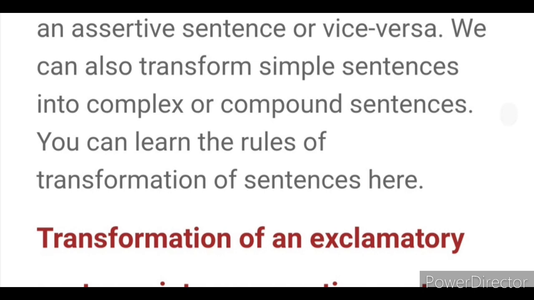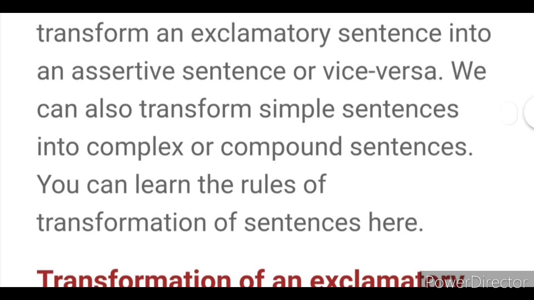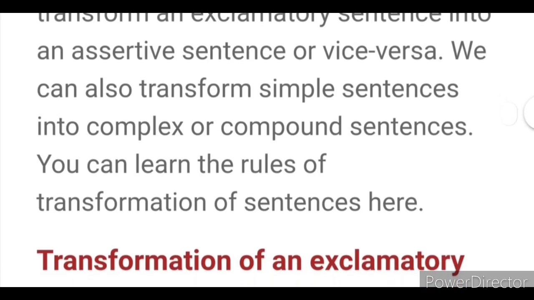You confirm something or state something, it's in the form of a statement or a confirmation, or you affirm something. That means you try to state something which is a fact. So affirmative and negative both fall under the category of assertive sentences. So from exclamatory, it can either change into affirmative or negative sentence, or vice versa.